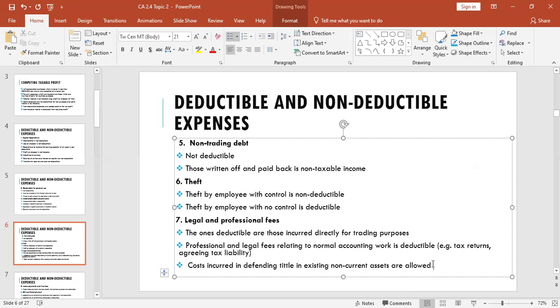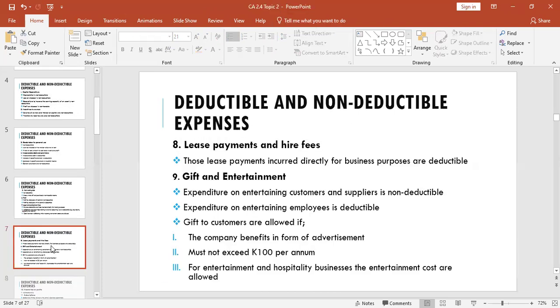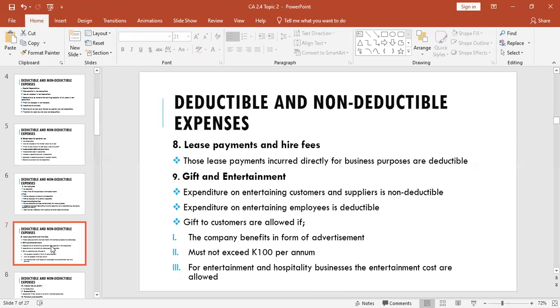We pay Makebi Zulu and Associates, they stand for us in court, then they help us recover our money. Those legal fees relating to us defending title in existing non-current assets are allowed for tax purposes. So I'll stop here and I'll ask if you've got any questions so far.